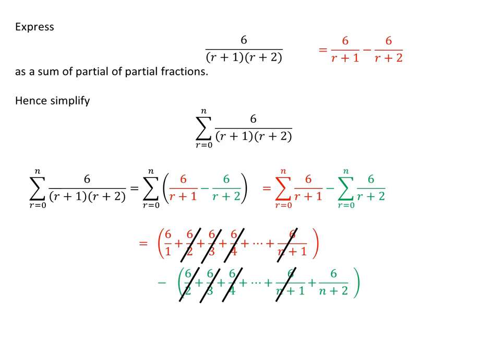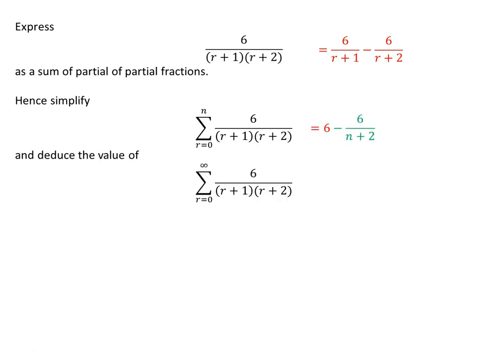So all I'm left with that hasn't cancelled is the 6 over 1 in the first bracket, then take away the 6 over n plus 2 from the second bracket. So again, the series has telescoped down really nicely for us. So the sum between r equals 0 and n of 6 over (r plus 1)(r plus 2) is 6 minus 6 over n plus 2.